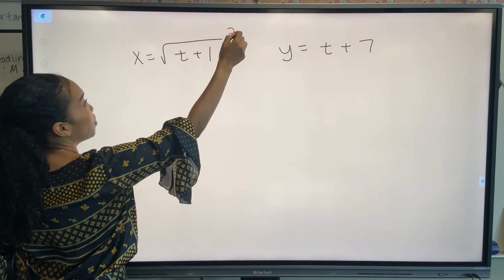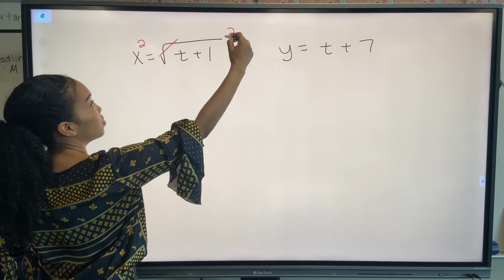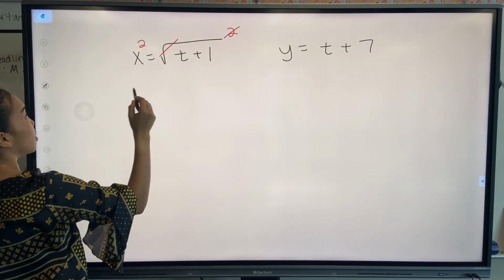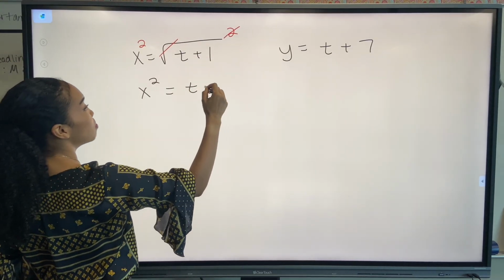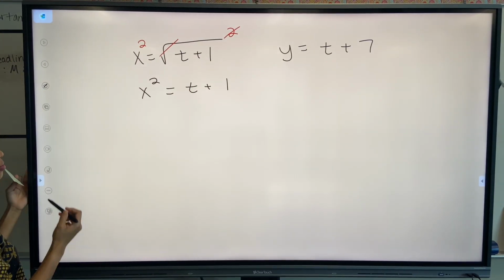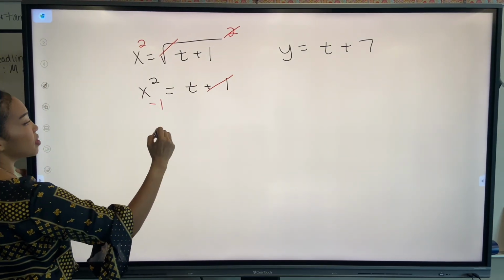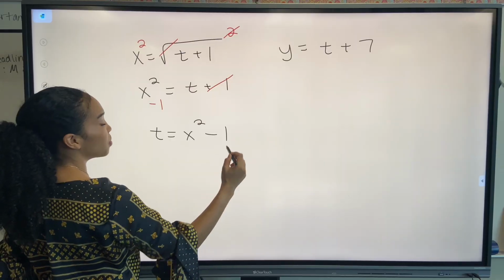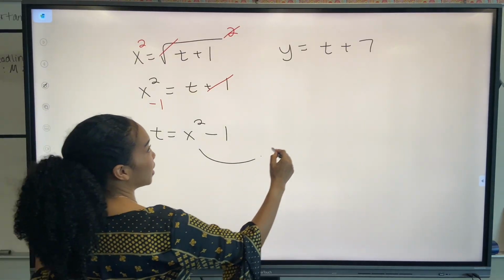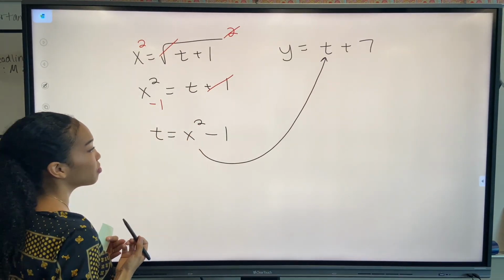You can square both sides to get rid of the square root and the squared. So you are left with x squared equals t plus 1. Then you subtract 1, so you get t is equal to x squared minus 1. So just plug that in for this t.